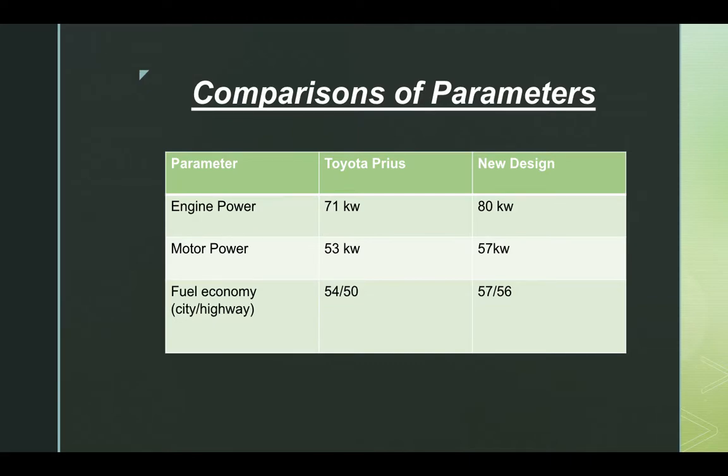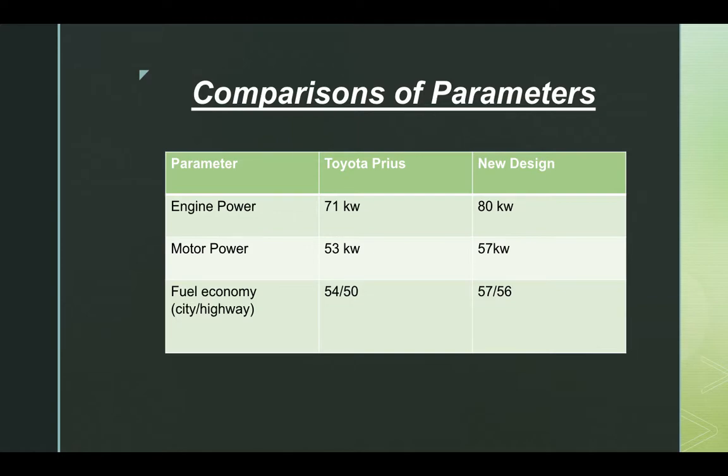So this is the comparison between the existing Toyota Prius model and my new design. Prius has engine power of 71 kilowatt, and in my new design I've inputted my power as 80 kilowatt, and Prius has motor power of 53 kilowatt, and I've inputted the motor power as 57 kilowatt, and Prius's fuel economy is 54 for city and 50 for highway.